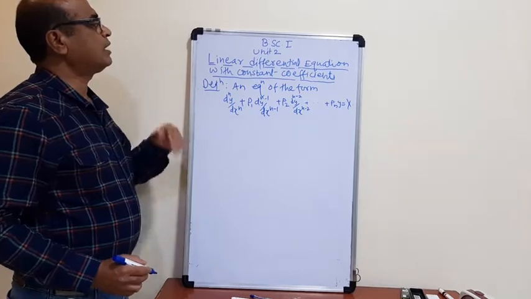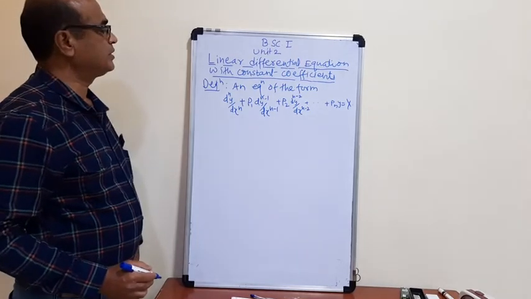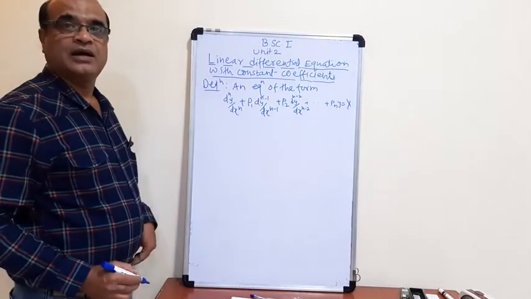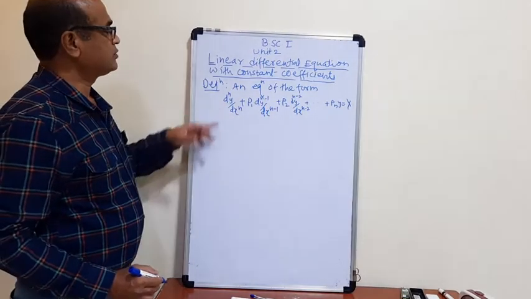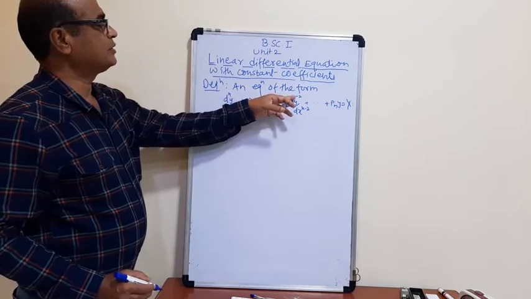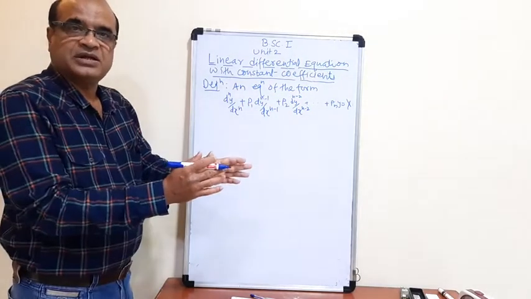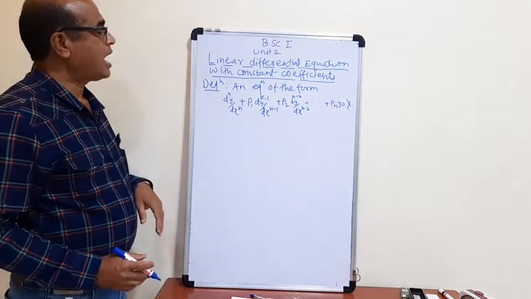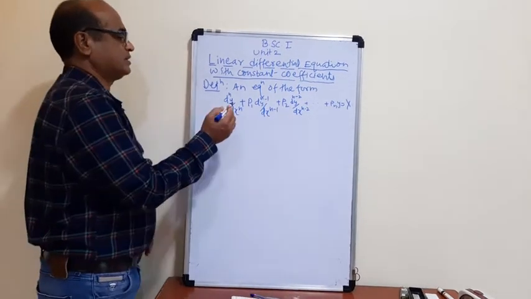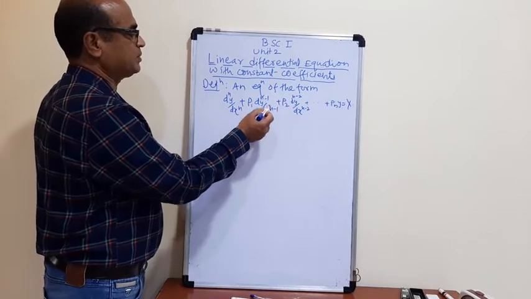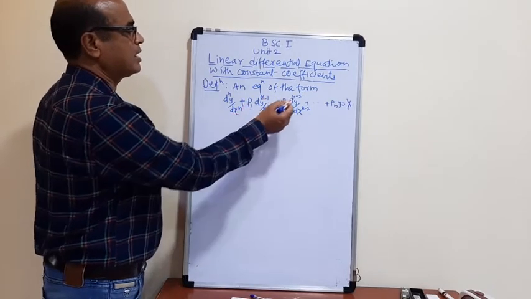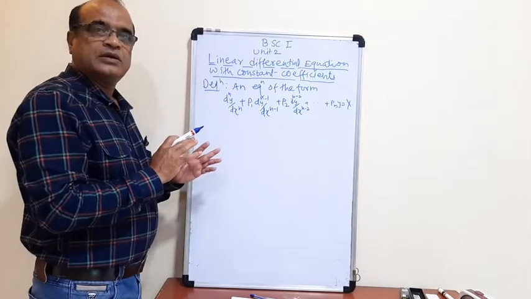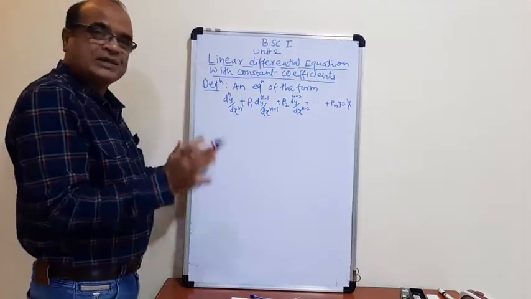So why is it called a linear differential equation? Of nth degree, this is the nth differential coefficient, then n minus 1, n minus 2, n minus 3 and so on. So this equation is linear, and the coefficients of these differential coefficients, p1, p2, pn, are constant.